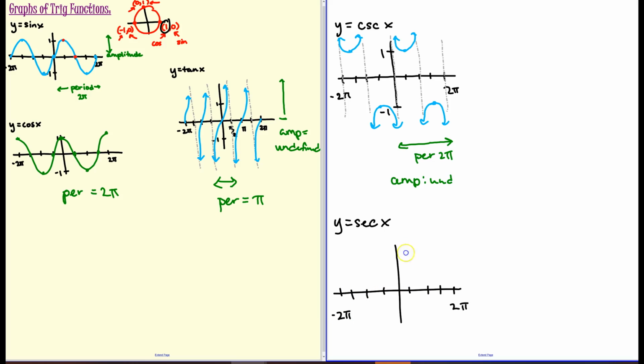So I'm going to put those asymptotes in place where the cosine graph was 0, and then I'm going to put the 1's in place and the negative 1's in place. Curves going up, curves going down, alternating. And if you're stopping at 2 pi, then you draw half a curve over here. If you're stopping at negative 2 pi, you draw half a curve over there. Amplitude is undefined, period is 2 pi.